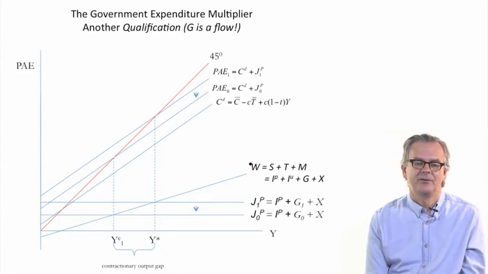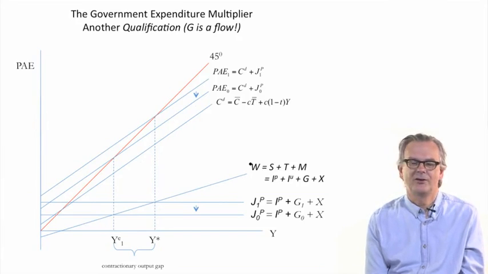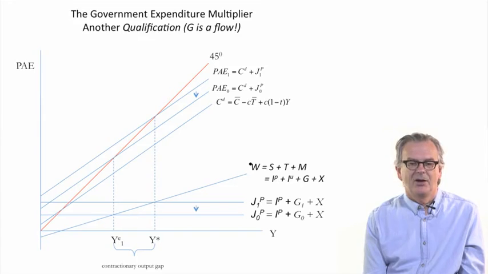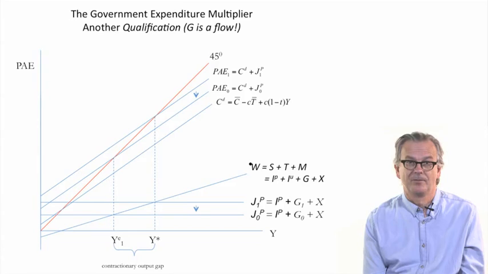One final qualification, and this is actually not mentioned all that often in the literature, so this is something I like to talk about. It goes back to the idea that what we are talking about are flows, and government expenditure is indeed a flow.